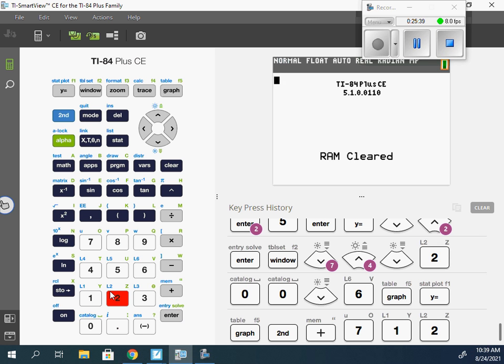So you should get something like this here. Second plus 7, 1, 2.